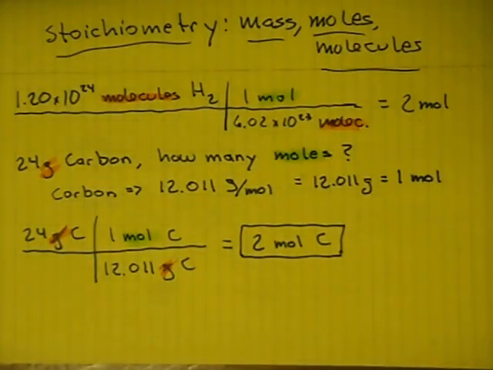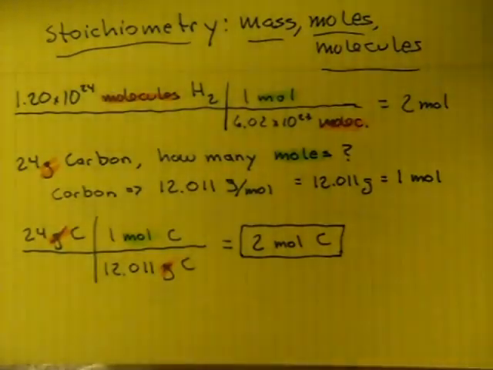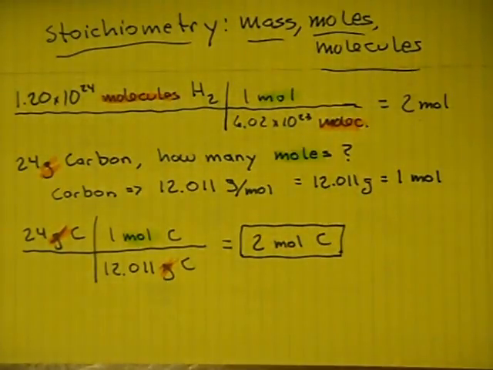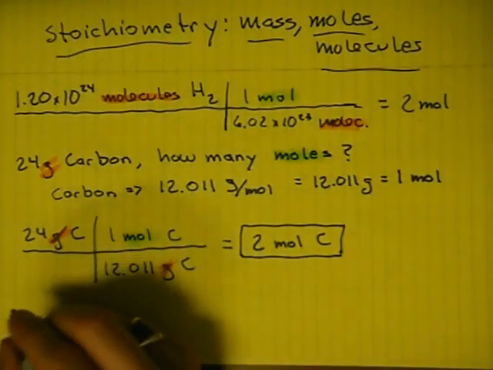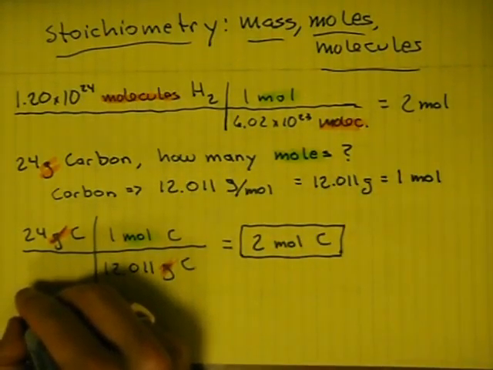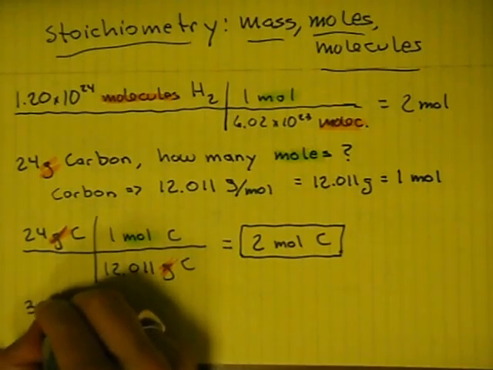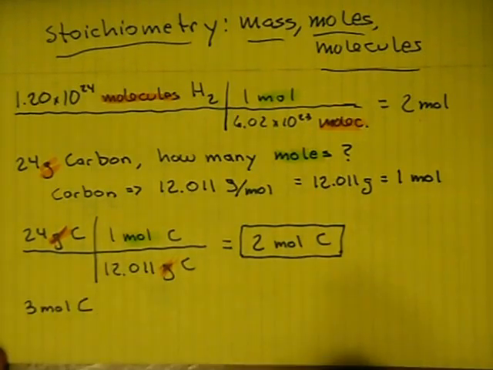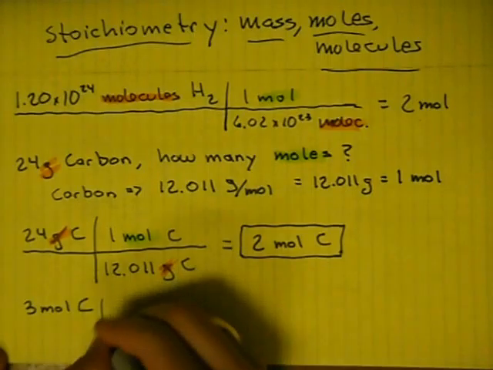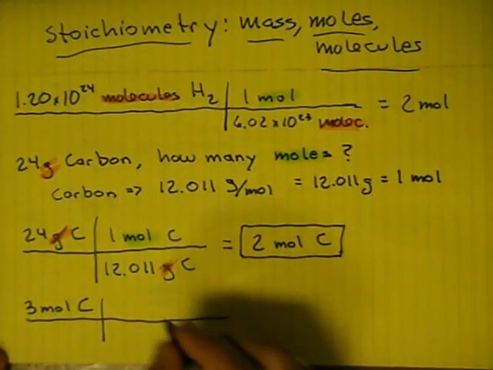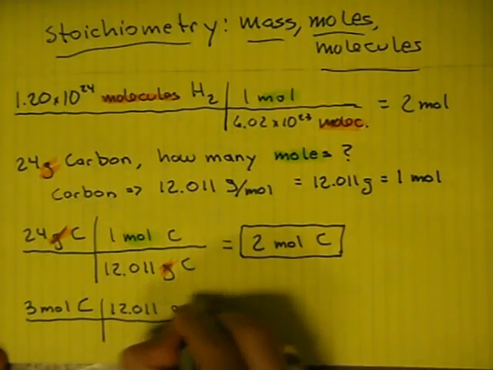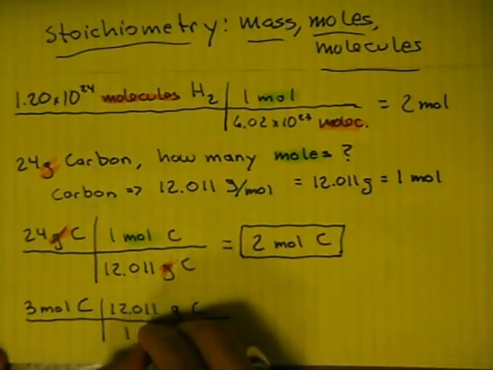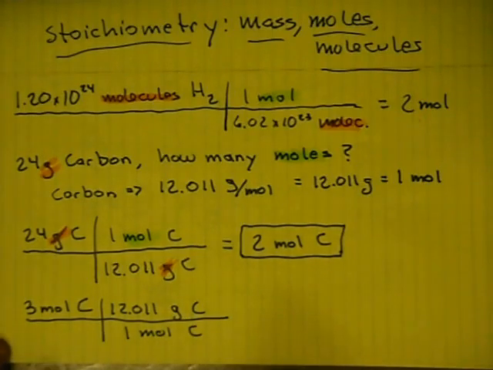So that's a way, and we can do that process in reverse if we wanted to. We could go from moles to grams. So if I were to say 3 moles of carbon, how many grams? Well, we've got 12.011 grams of carbon per 1 mole of carbon.